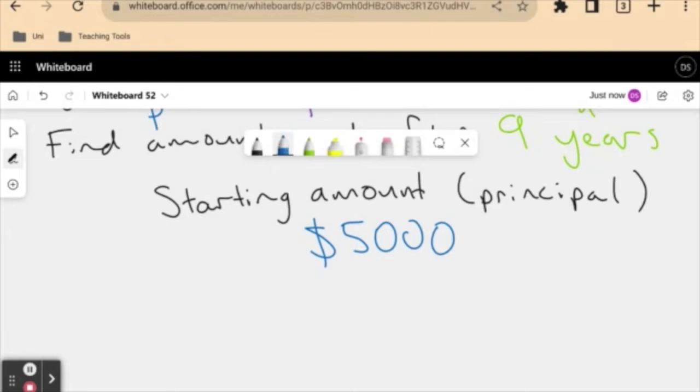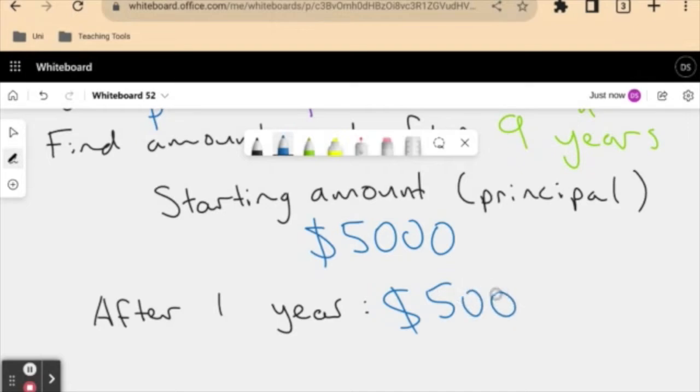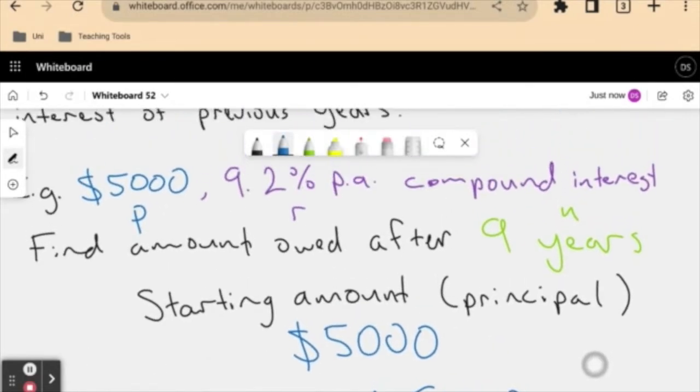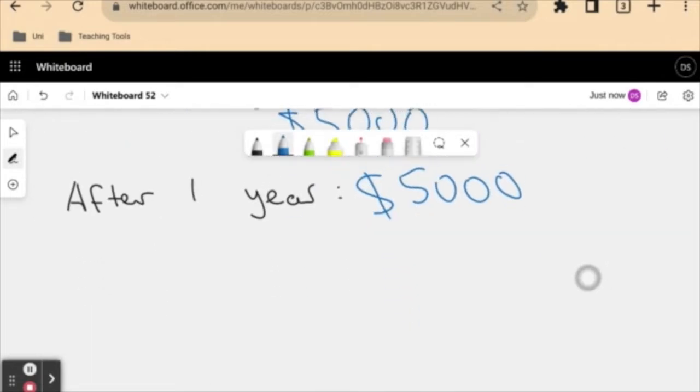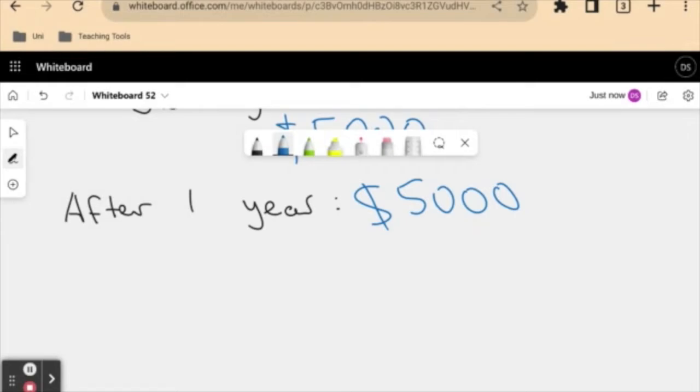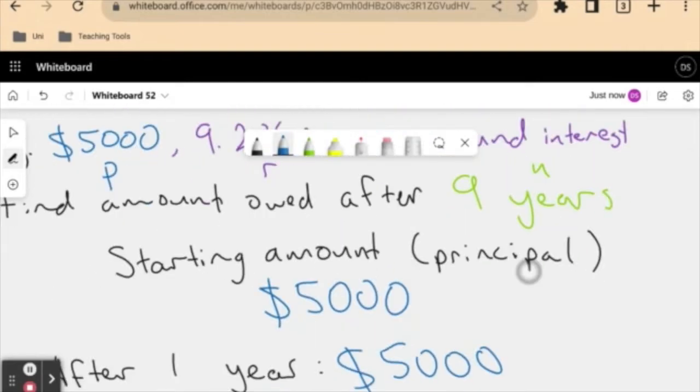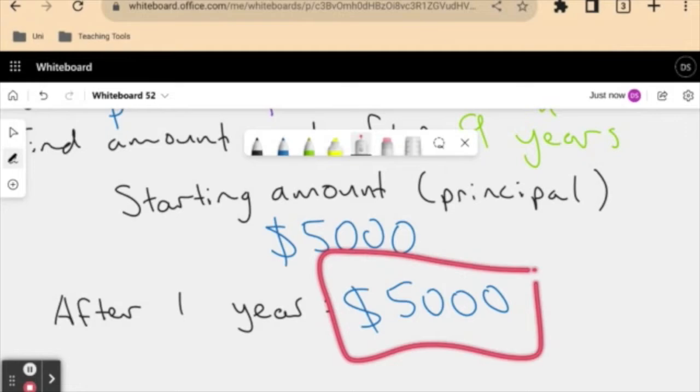Now let's find the amount this person owes after a year. So after 1 year, well, we can say that if $5,000 and interest here was calculated at 9.2% per annum. So after 1 year, he's pretty much paying this in addition to 9.2% of this sum, right?